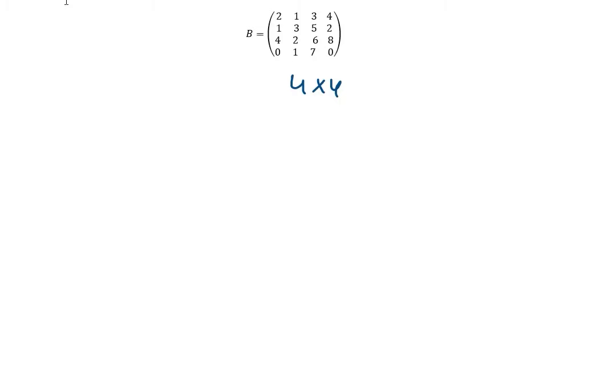Usually when we have a big matrix like 4 by 4 or 5 by 5 or 6 by 6, we use software like MATLAB, for example, and compute its determinant, or its inverse matrix if it exists.